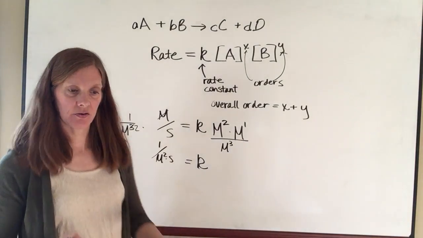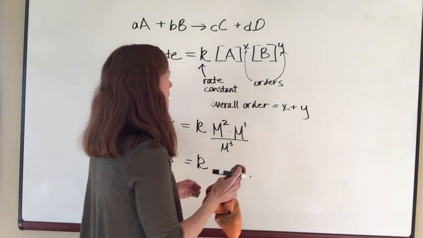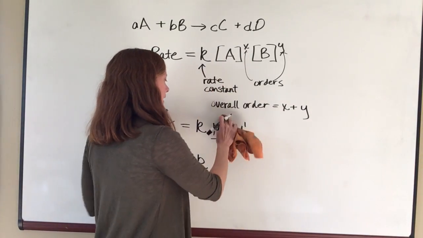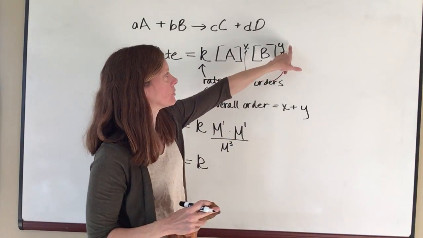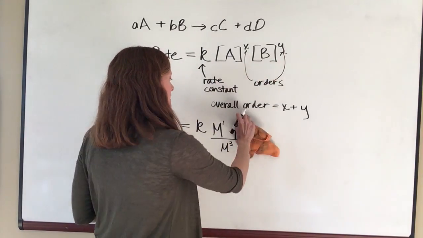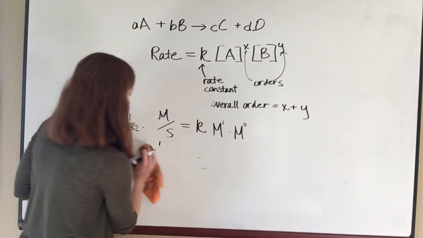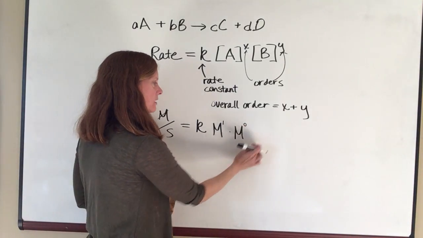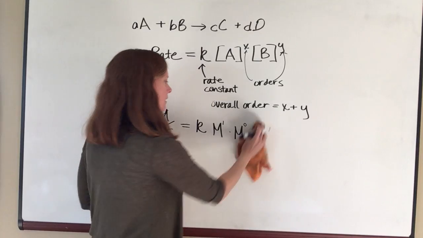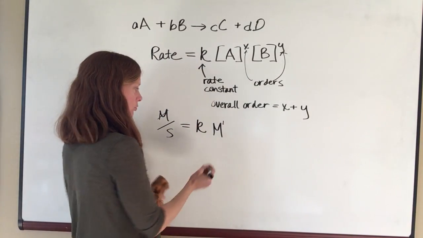Let's say, again for the sake of example, that in this particular case maybe my X is a 1, but maybe the reaction order for reactant B is a 0. Well, if that's a 0, then this whole thing just goes to 1, and so the units aren't going to make a difference anymore.